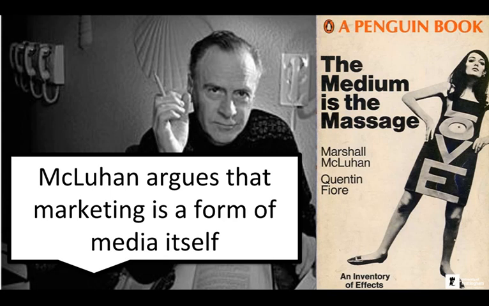But McLuhan says what marketing and branding and advertising does as a form of media is it takes over other types of media and changes them to become marketing, branding, and advertising. So he said, well, he didn't say this, but a good example is the internet.